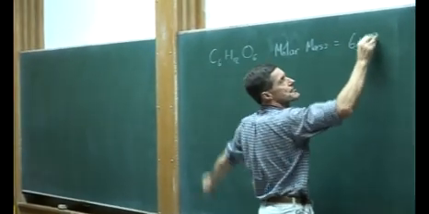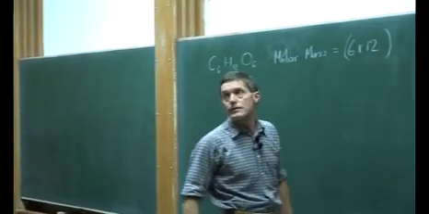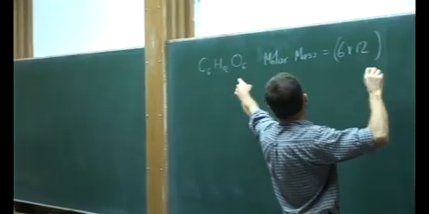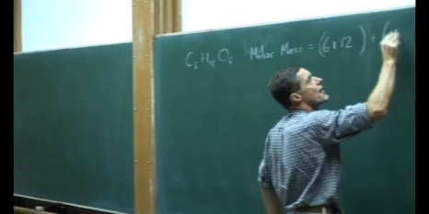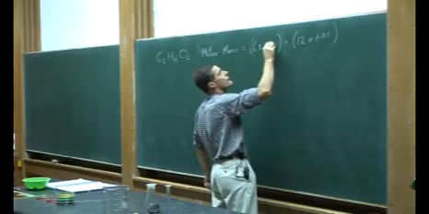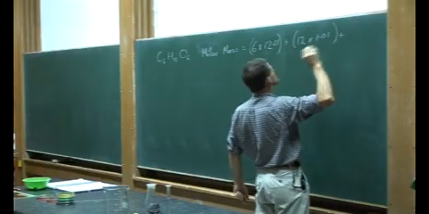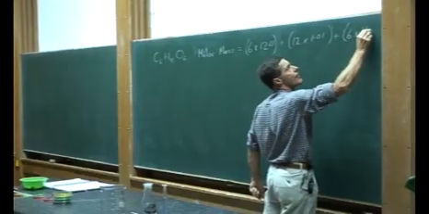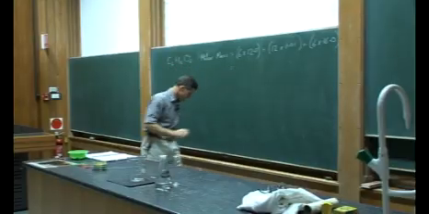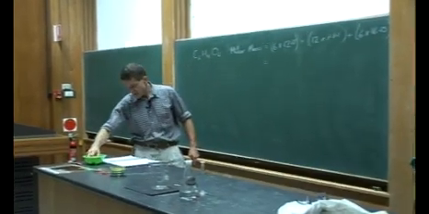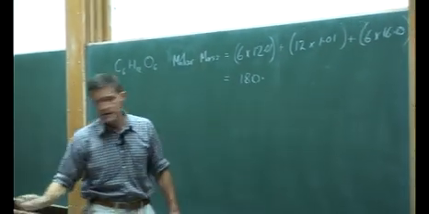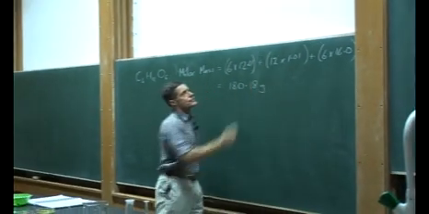If I look up the periodic table, carbon weighs in at a molar mass of 12.01. 6 of those plus 12 of hydrogen at 1.01 plus 6 oxygen atoms at 16 gives me a total molar mass, in this case, of 180.18 grams.